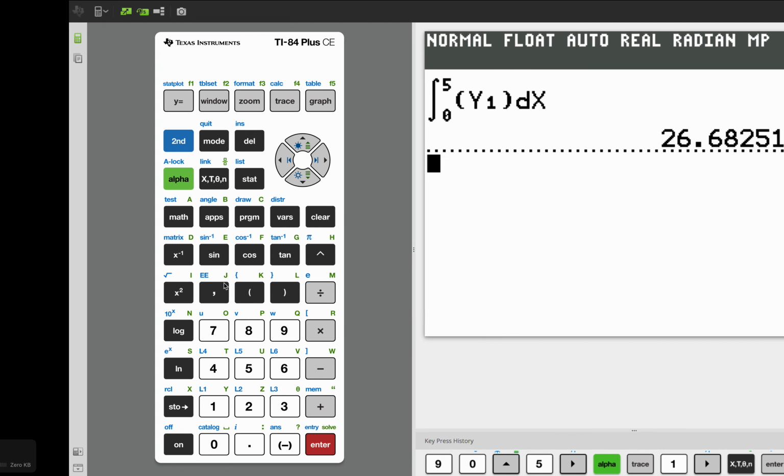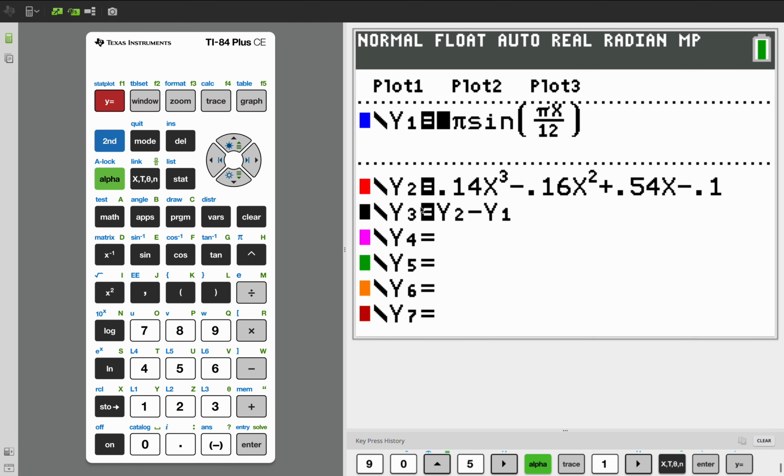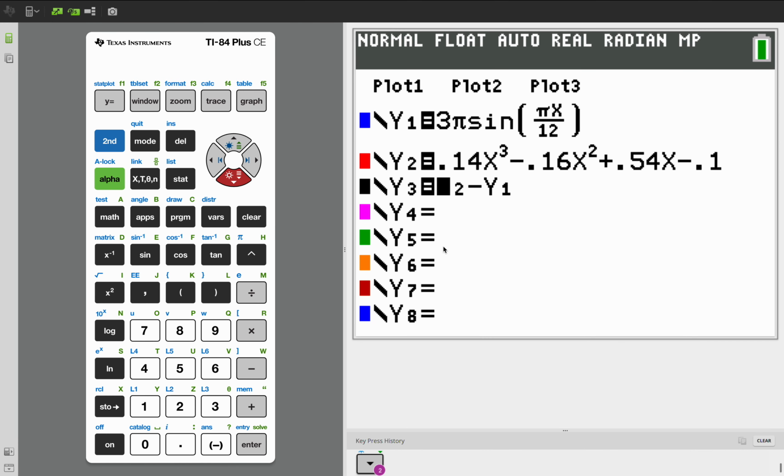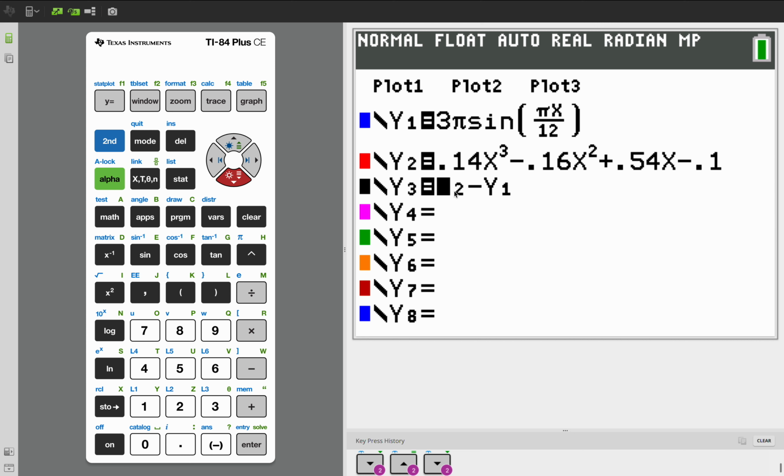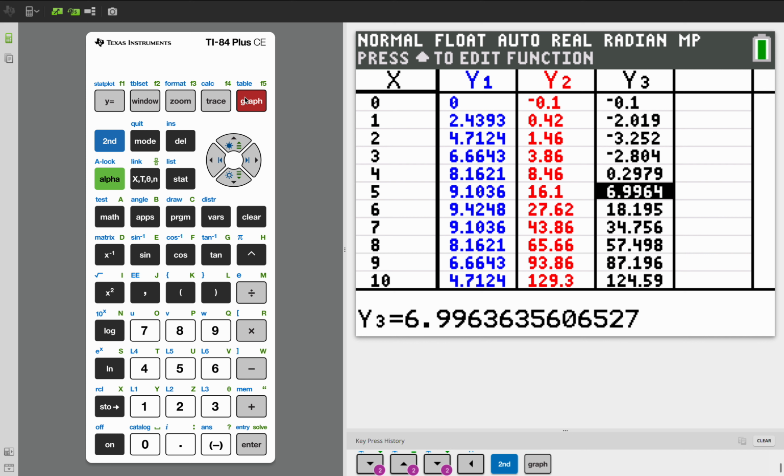So that right there is going to represent y3. Remember that s represents y2, and m represents y1. So we're adding y2 and subtracting y1, and we get this lovely thing. We want to find out what happens at time t equals 5. So I'm going to go to second table, and at 5, you're going to see that we have 6.9964.